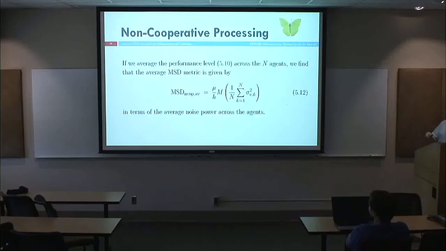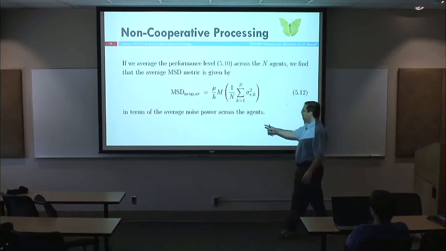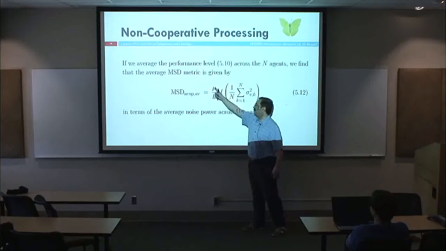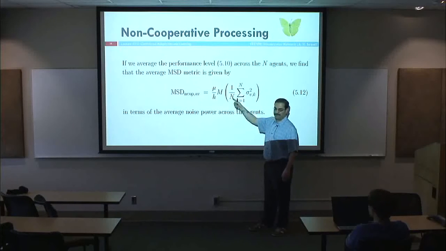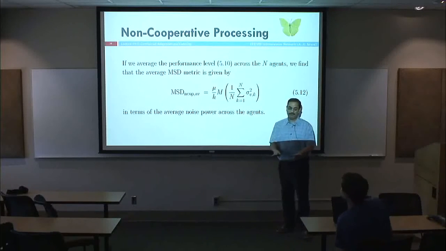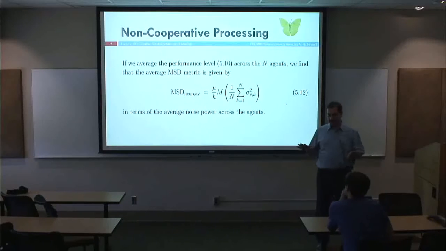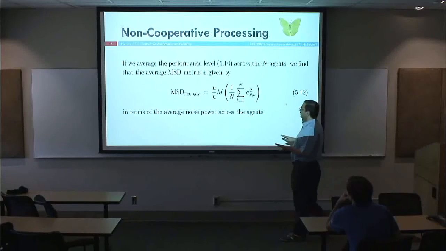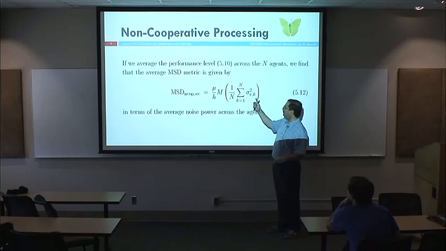And now, if you want to know what's the average performance across my agents, just add the performances, this is a constant, and divide by n. So you see that the average performance over this network of unconnected nodes is proportional to the average power across the collection of agents.